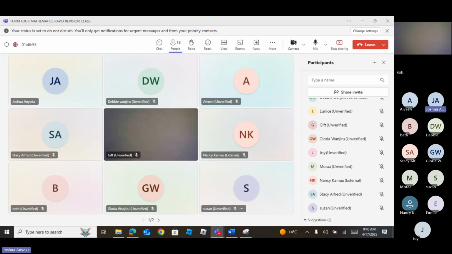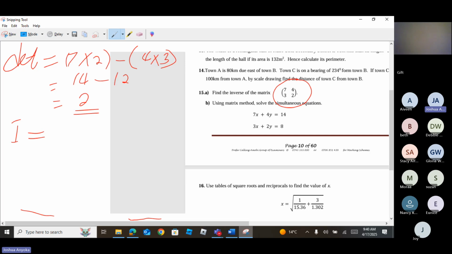These two, we are going to put it as a fraction, 1/2. And then 2 and 7 will interchange. Where there is 7 we put 2, and where there is 2 we put 7. And then 3 and 4 change signs, to negative. Good. That's the inverse.